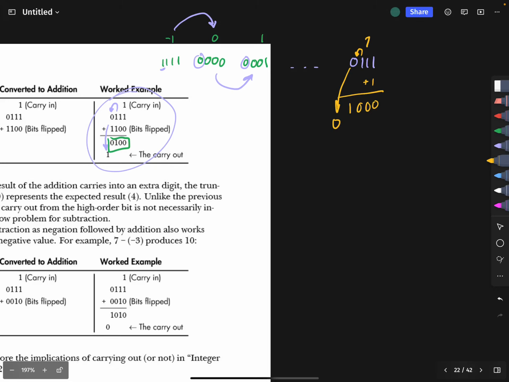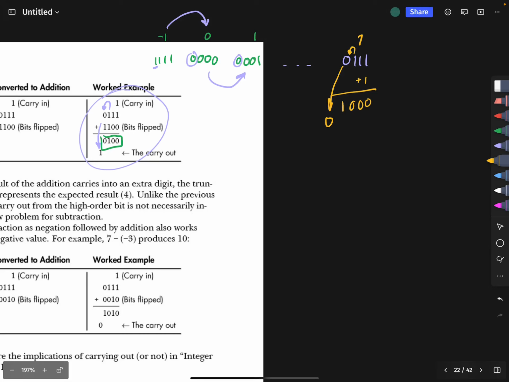A consequence of an overflow is that you don't go to the representation of the next number. This is basically marking the location of that discontinuity. And so this sends you all the way over to -8.